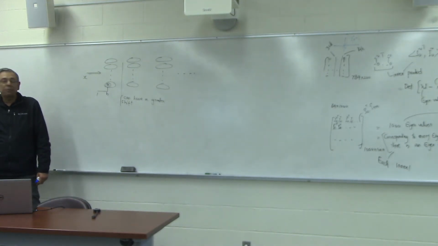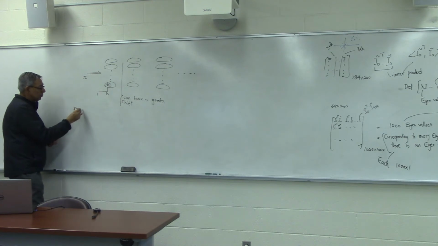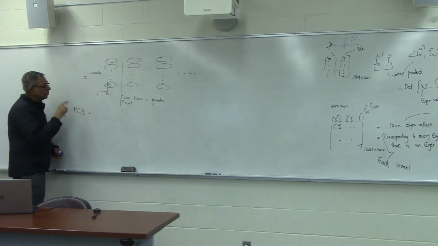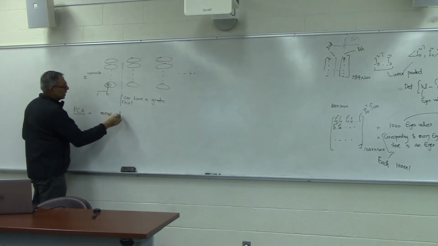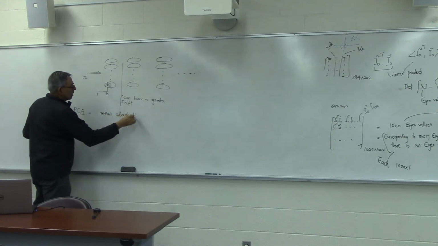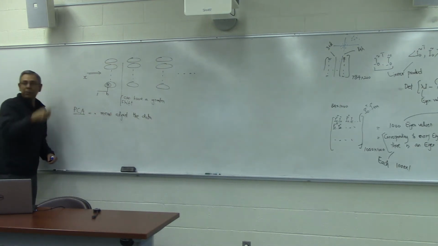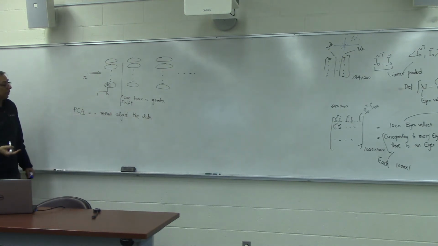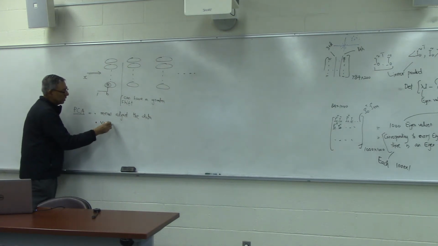And also, I forgot to tell you this, and this is true in PCA as well. We actually do two things. Okay? One is we mean adjust the data, which is easy, as you guys saw, compute the mean of every column, subtract it from each, right? We also do a variance adjust.